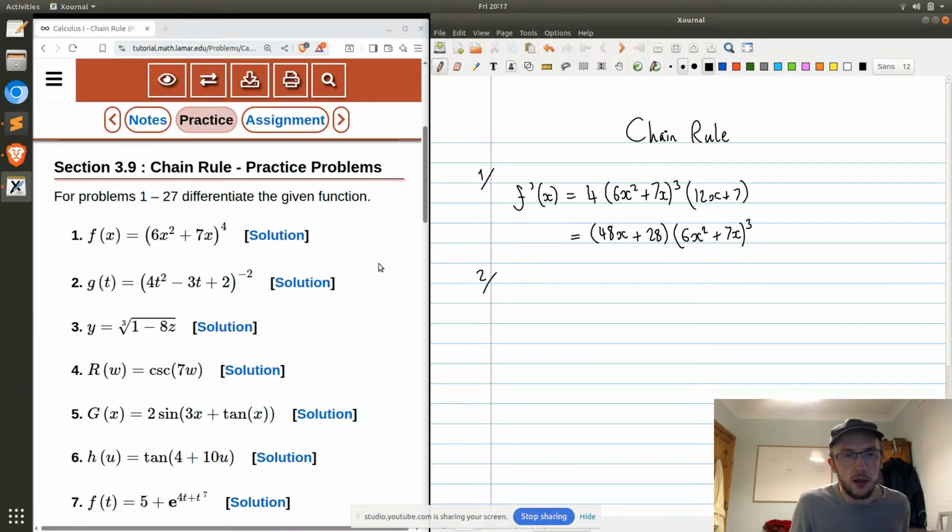g of t is 4t squared minus 3t plus 2 all to the negative 2. So g prime of t, differentiating the outside function, we get minus 2 times 4t squared minus 3t plus 2 all to the minus 3 times 8t minus 3.